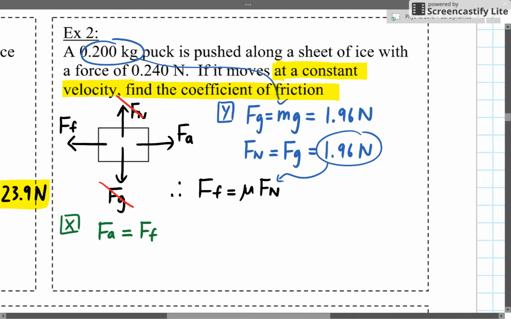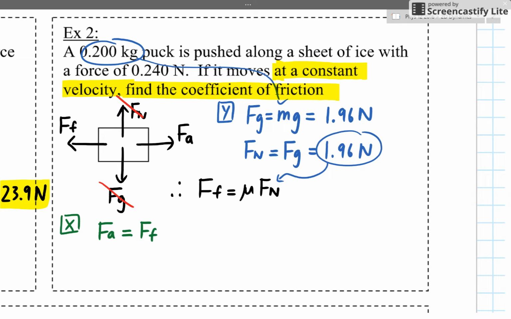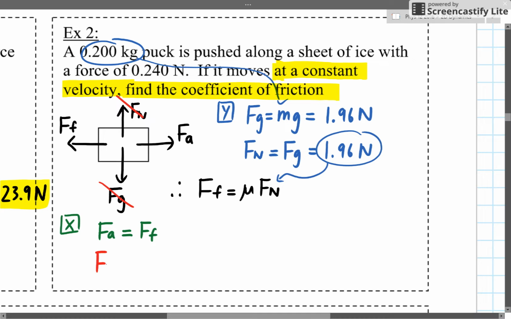Not only the vertical one, but the horizontal one also canceling out. So because it's a constant velocity, applied force and friction just tie each other. No one is winning. So therefore, because they give me the applied force, I can find friction. So friction is equal to 0.24 Newton, which is what they give you for the applied force.